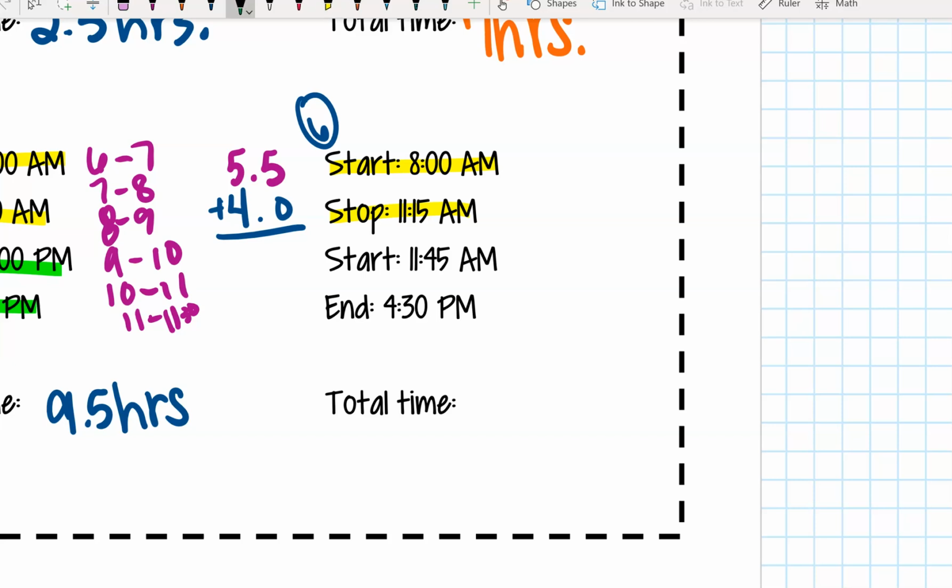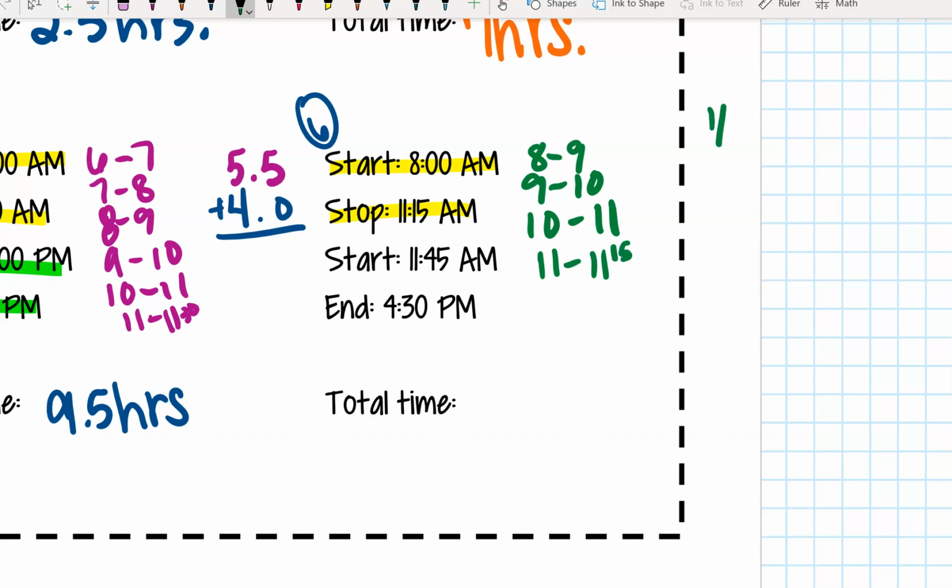Okay, so if we're going from 8 to 9, 9 to 10, 10 to 11, that's 3 hours, right? But we went to 15 minutes, 11:15. So we have a little quarter of an hour in there.